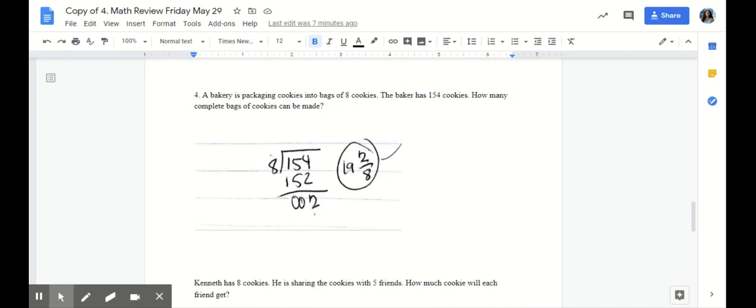Number 4, a bakery is packaging cookies into bags of 8 cookies. The baker has 154 cookies. How many complete bags of cookies can be made? So the operation that we're going to use here is division.